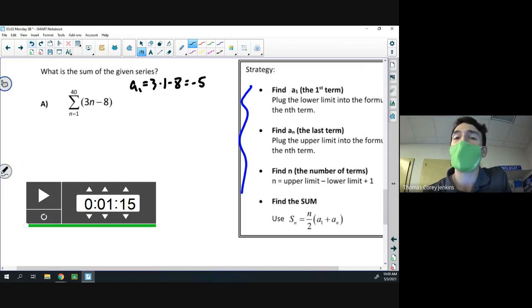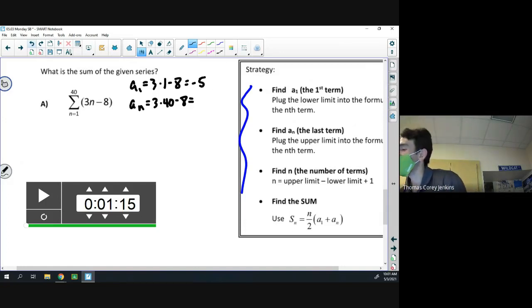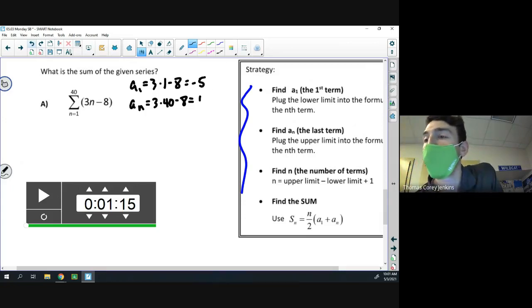We also need A sub 40, because that's my upper limit. I'll call that A sub n. That's going to be 3 times 40 minus 8, which is, make sure I don't mess this up, 112. And then we know n equals 40.